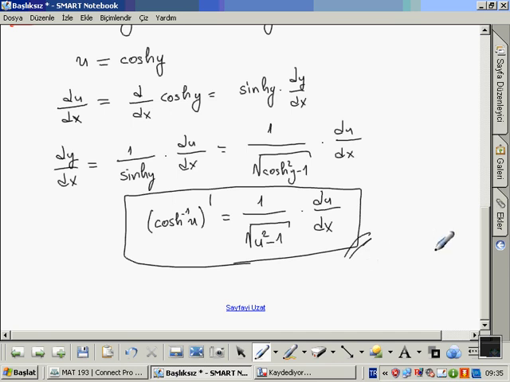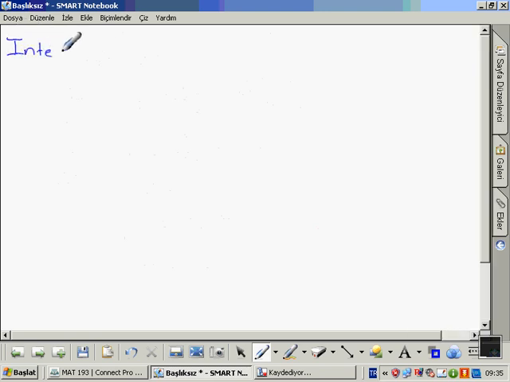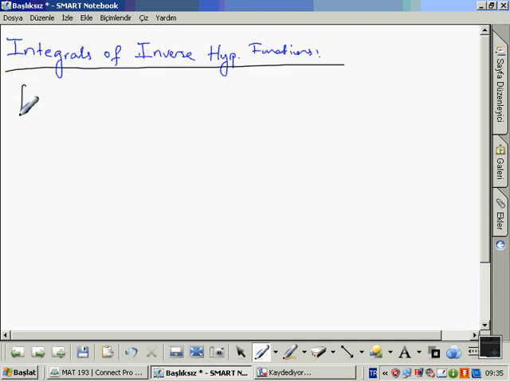The integral of du over the square root of 1 plus u squared is equal to inverse sinh u plus c.